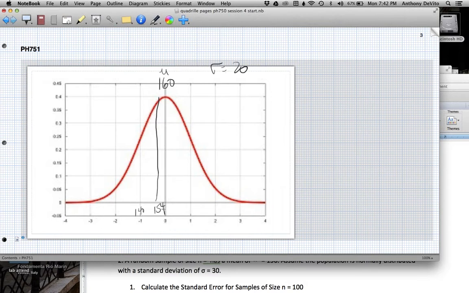Because I know that one standard deviation would be over here, so I know it must be closer to the mean than that. So the z-score here is going to be equal to 154 minus 160 over 20, which is minus 6 over 20, which is equal to, well, what is that, 0.15? 0.3? I'm sorry, 0.30. Okay, negative 0.30.